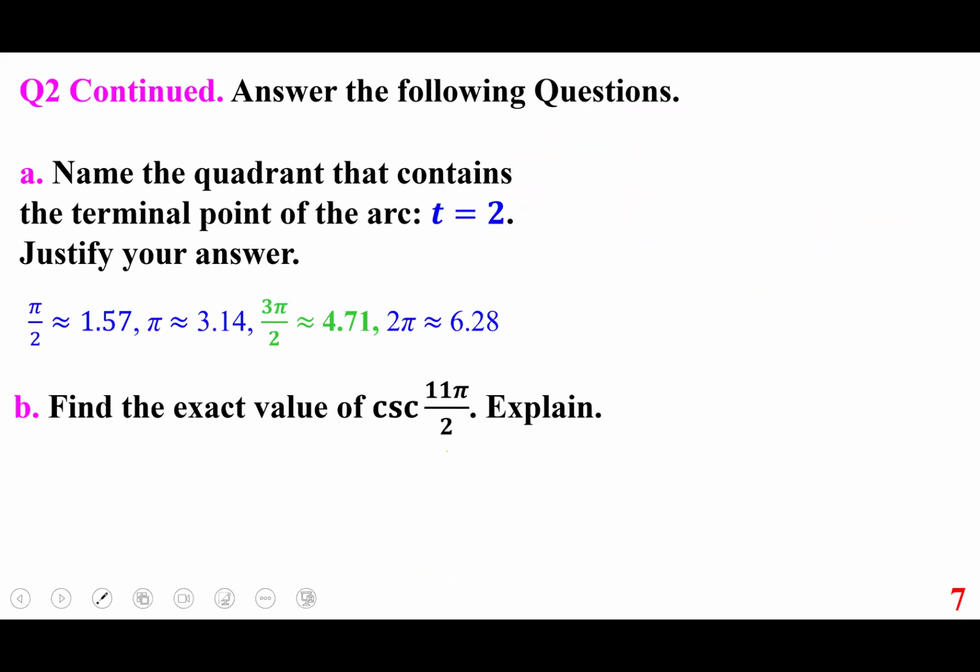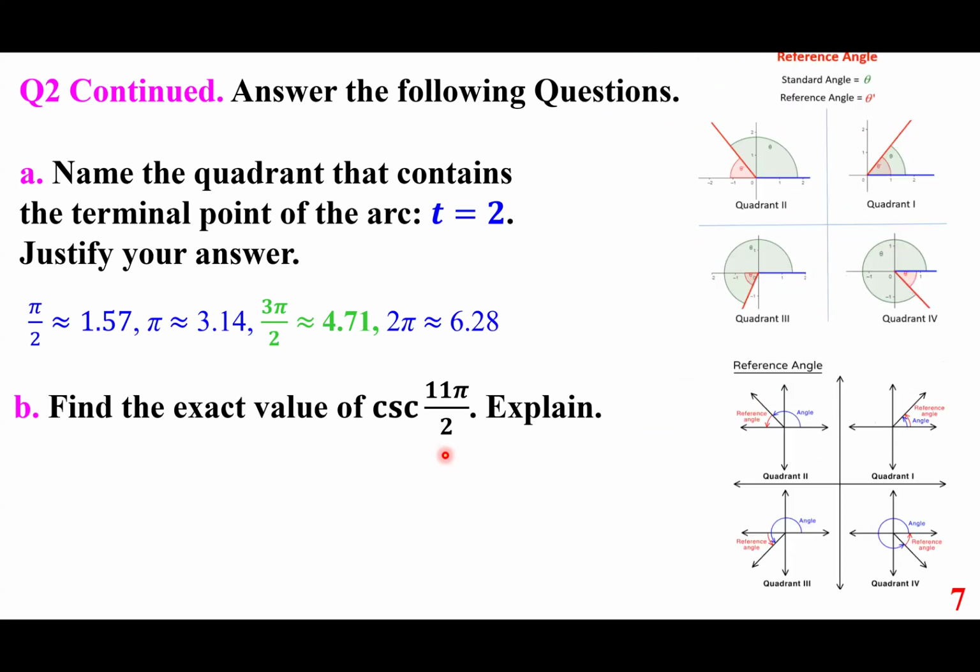Now, find the exact value of cosecant of 11 pi over 2. Again, we can just take off multiples of 2 pi, because 2 pi is the period of the function. However, I want to remind you of something very important, something called a reference arc.